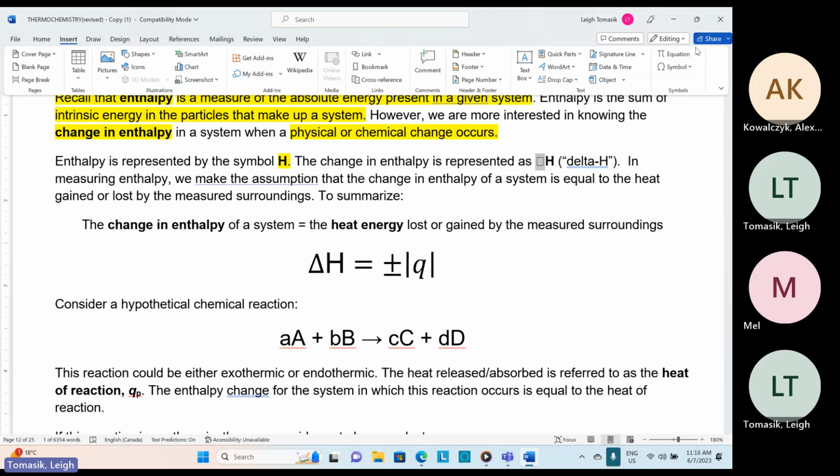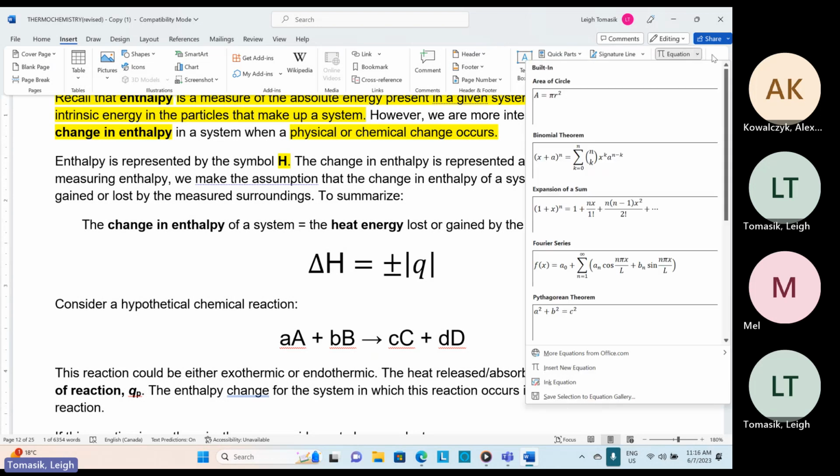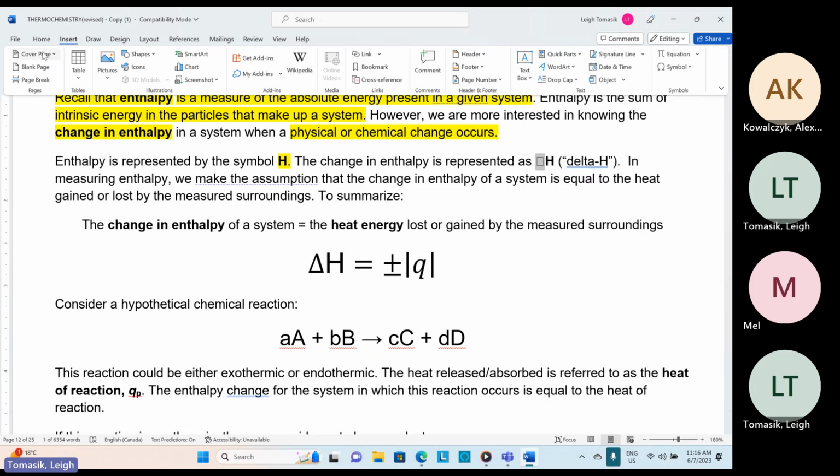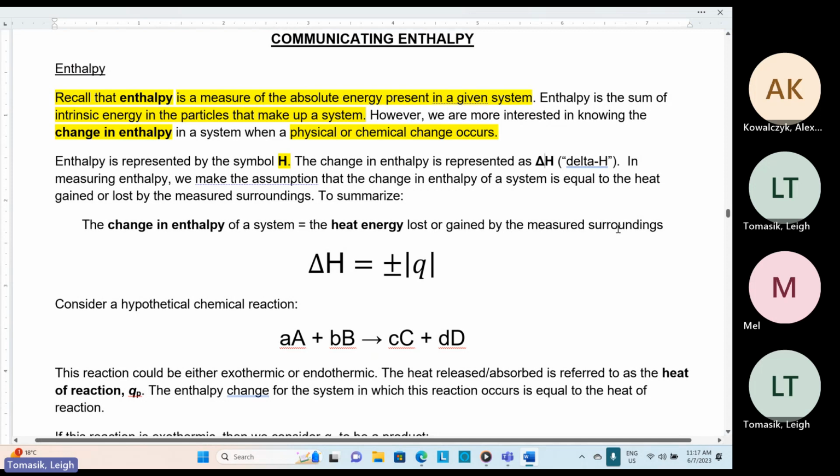If you ever have to put a delta in a Word document, in your homework or in an assignment, you go to the insert ribbon on Word and you go to symbol. It should be right there at the end. Usually it's one of the symbols listed. If not, you have to look it up. Anyway, the change in enthalpy is represented as delta H.